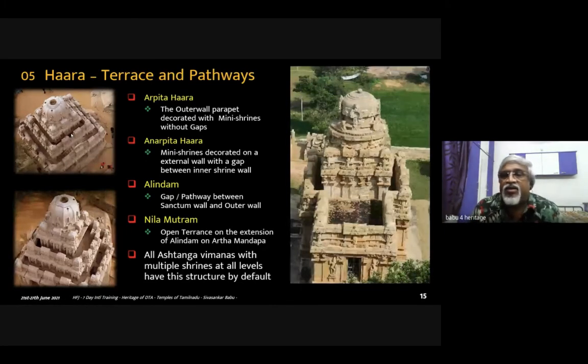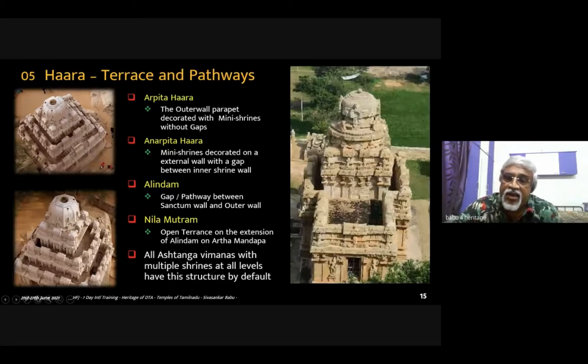Another example is the Vijayalaya Choleeswaram, which is available in Pudukkottai. There also, it is not an apartment temple, it is a simple individual temple. But again, on the first floor, they have ornamentally created an Anarpita Hara.